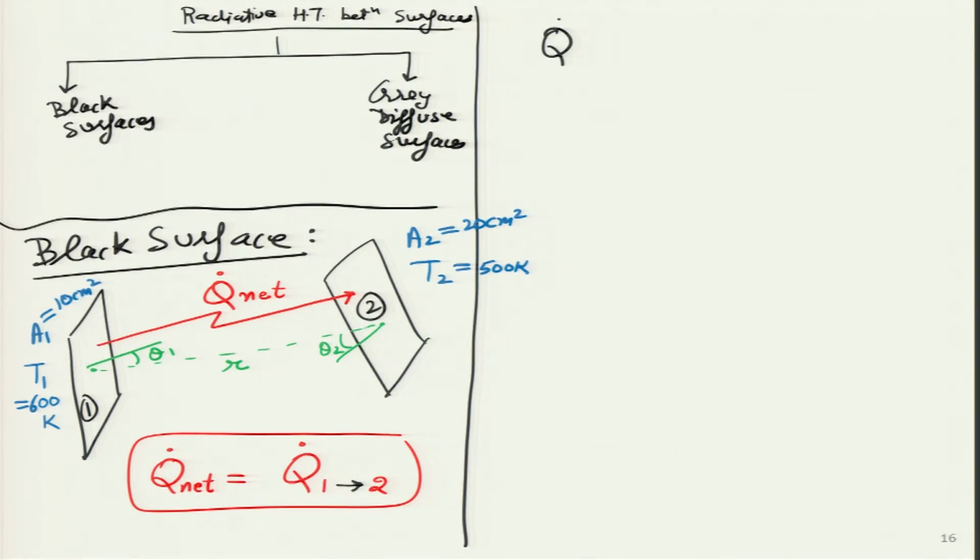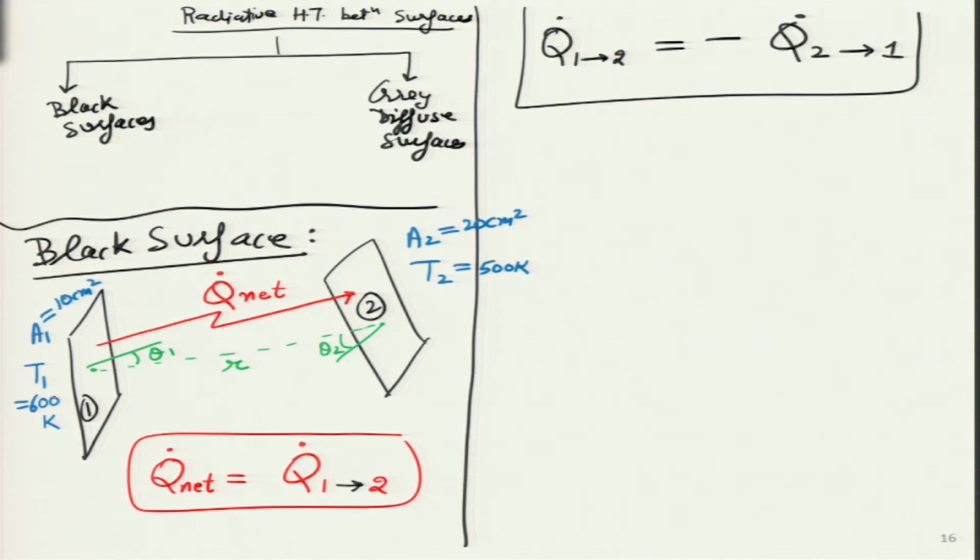Is it the same as q dot 2 to 1? If one surface is giving out a net energy of 60 watts to the other surface, the other surface is receiving a net 60 watts from the first surface. So, it will just be equal with a minus sign, which means I can write clearly over here, q dot 1 to 2 is equal to minus q dot 2 to 1.